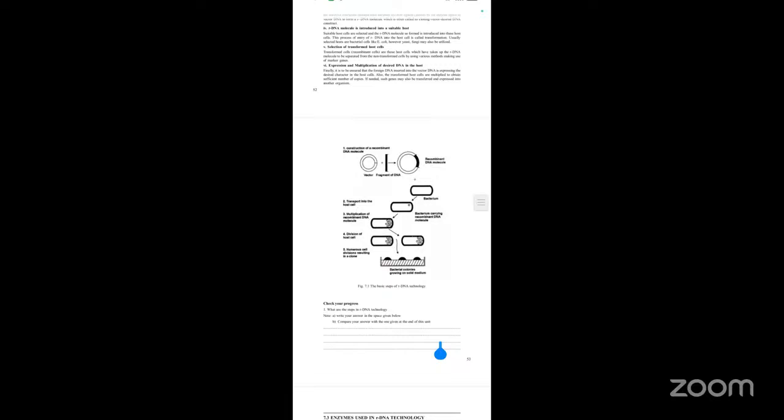What types of enzymes are used? Restriction enzymes, exonuclease, ligase, polymerase enzymes. These are the enzymes used in rDNA technology. What are restriction nucleases?